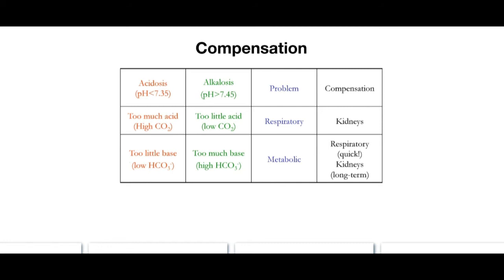On the top, we're looking at our values of acidosis and alkalosis in which part of the body? Which type of blood? This is arterial, right?